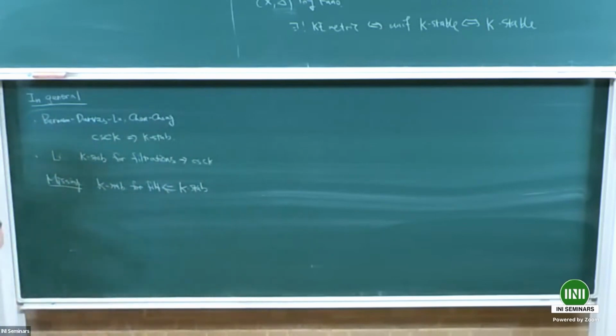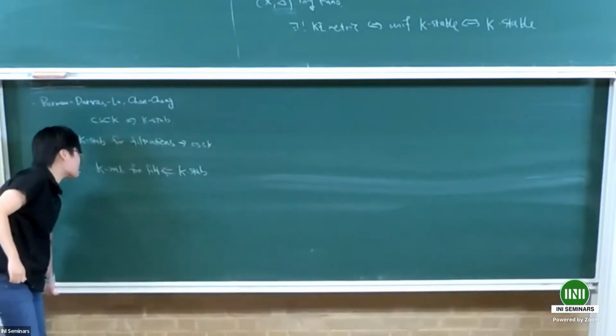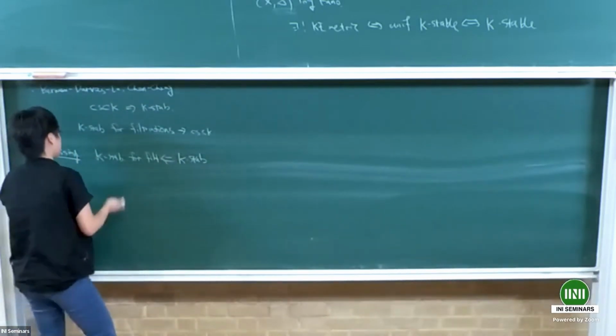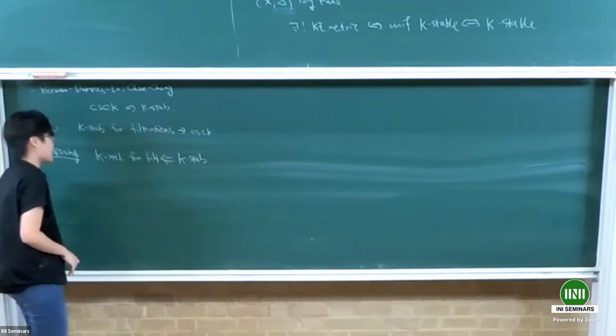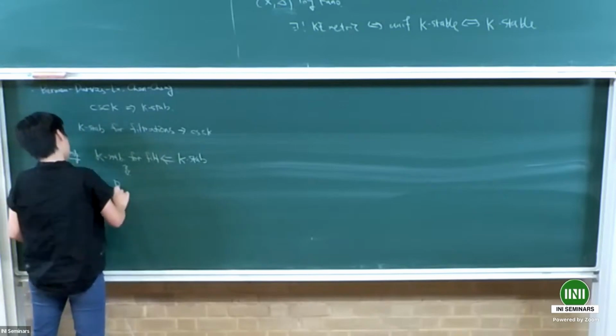Both of these are uniform, because Fujita has an example of a K-stable variety that's not uniformly K-stable. Yes, both of these are uniform. And as it turned out, the divisorial stability that we're going into is equivalent to this.